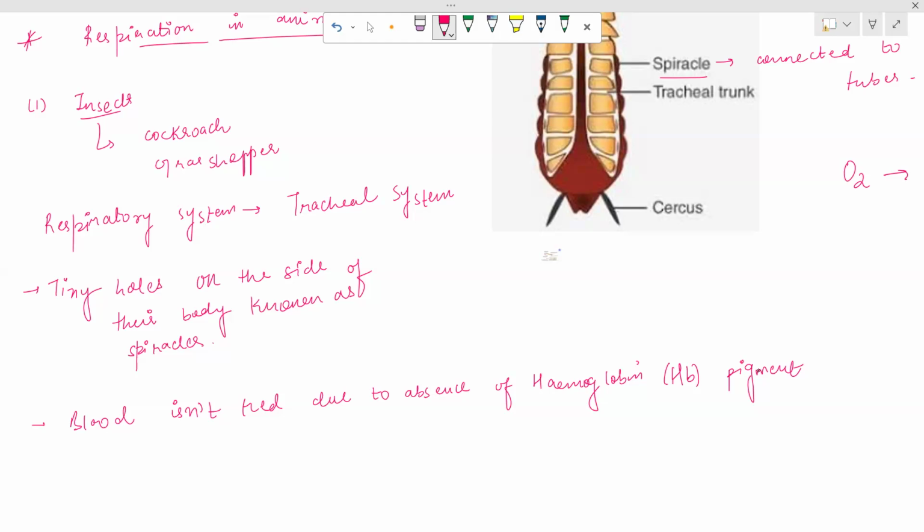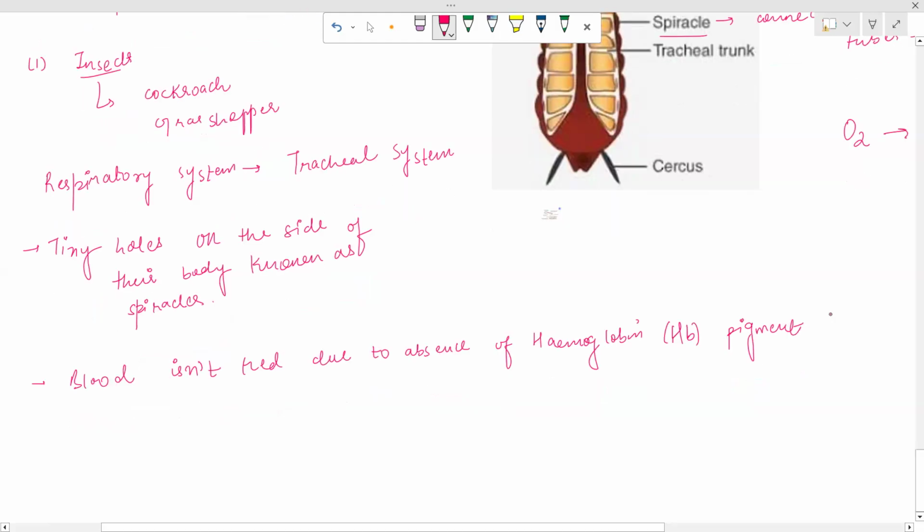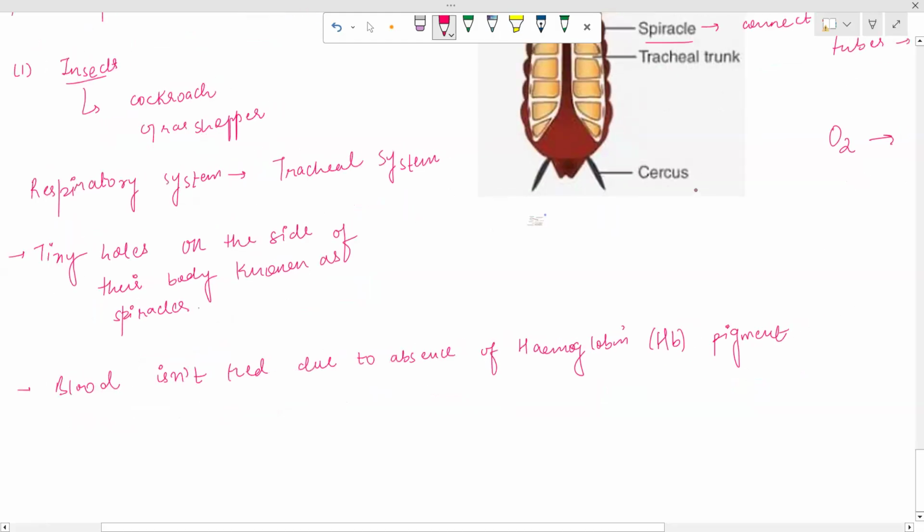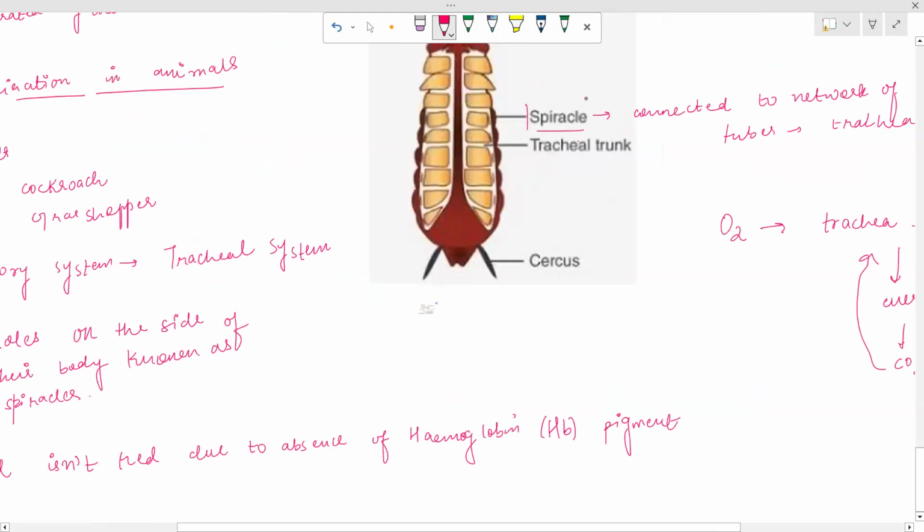Ma'am, they probably have some other pigment like hemoglobin. No. That's why they have the spiracles. Spiracles are the structures responsible for the transportation of oxygen. In this, they don't have hemoglobin.